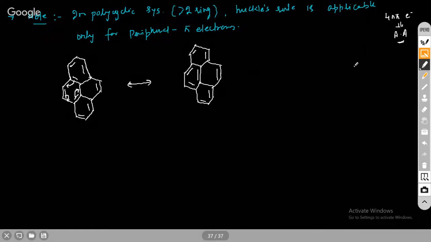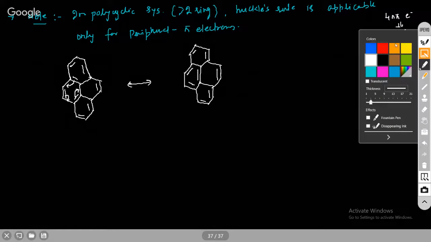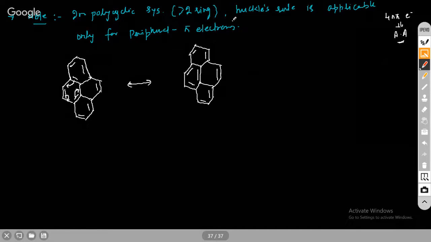In a polycyclic system, when we have more than two rings, we apply Huckel's rule only for peripheral pi electrons. This electron here is not a peripheral pi electron because it is present between two rings.